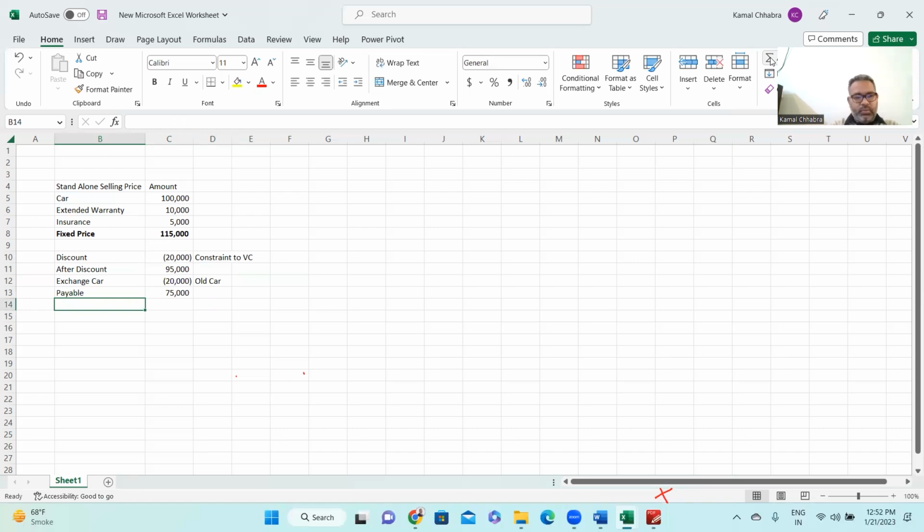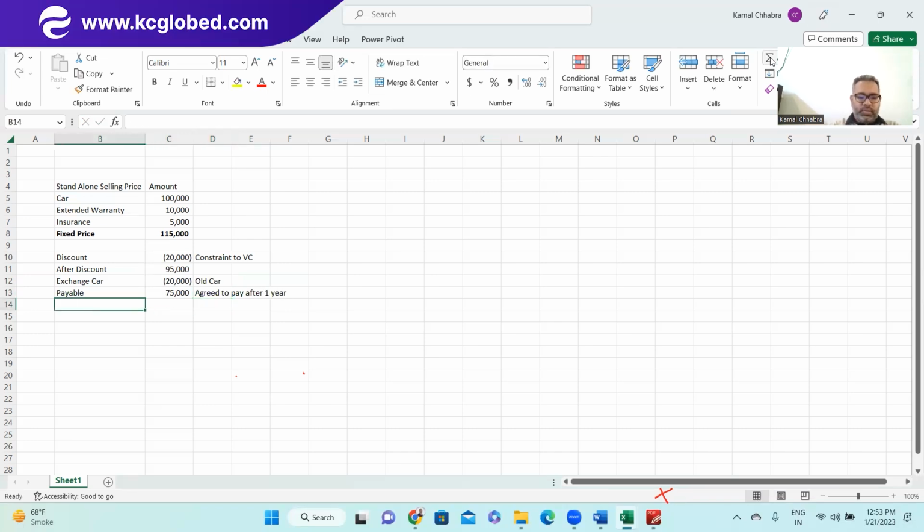Agreed to pay after 1 year. So what is finance income? Let's assume 75,000 and let's say interest is 5%, at the rate of 5%.